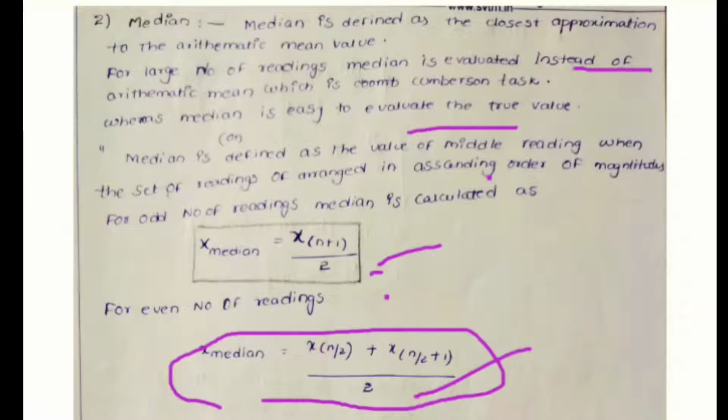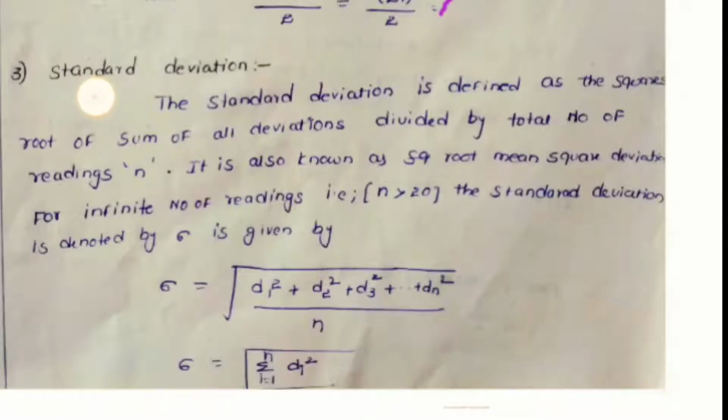Another one is standard deviation. It is also important. What is meant by standard deviation? Standard deviation is defined as the deviation of so many readings. Suppose the value is 2 amps or 3 amps, and the instrument gives 2.1; then 0.1 is the deviation.